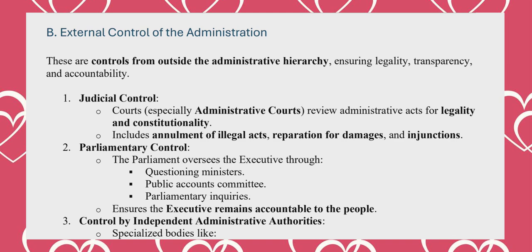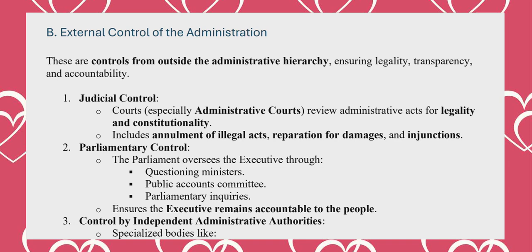The first type of administrative control was internal control, meaning control of the administration by the administration, meaning that the person who is exercising control is also an administrative authority. But this time around, the person who is exercising control is not an administrative authority. So that's why we talk of external control.